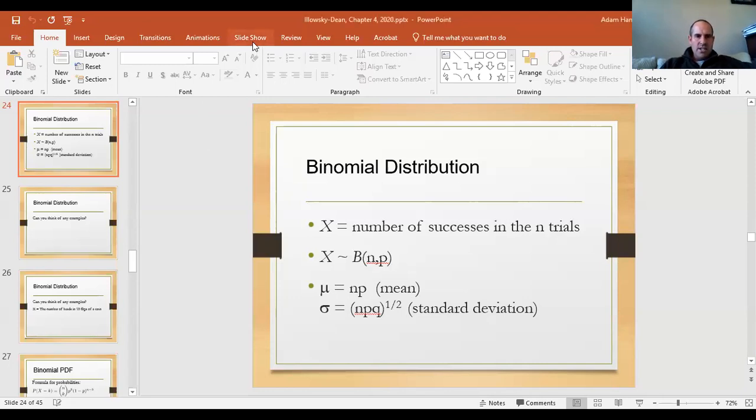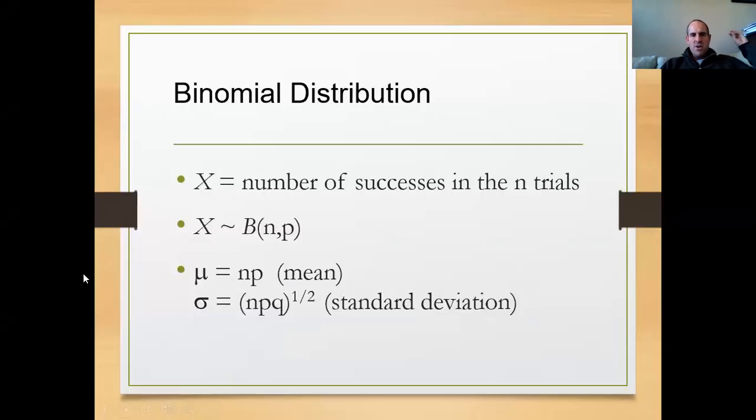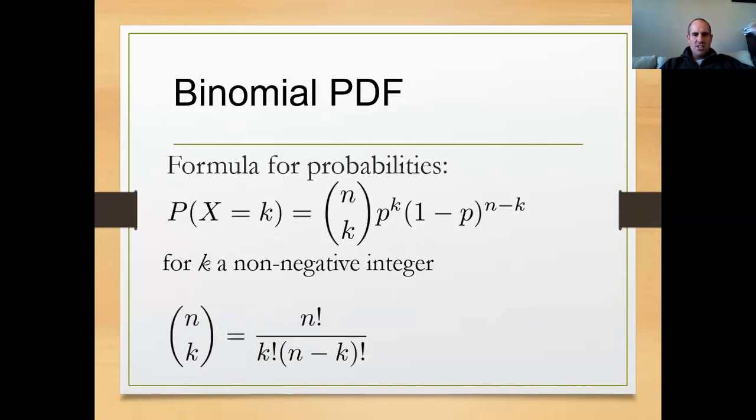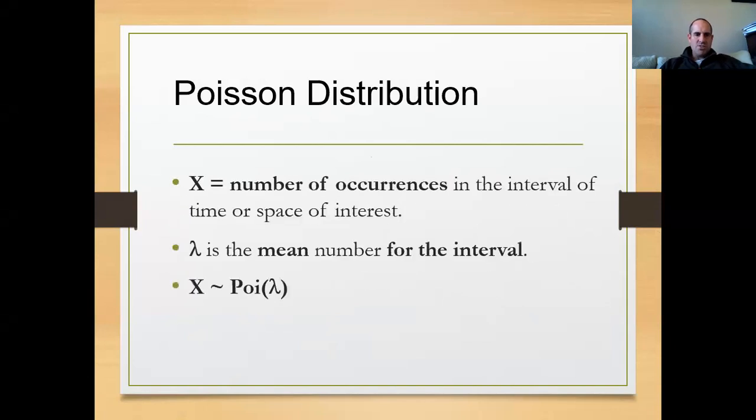All right, so let's briefly review. We had the binomial distribution, and then we also had the Poisson distribution. The Poisson distribution was sort of strange in that we needed to know the mean before we could even write down the formula for its probability mass function.